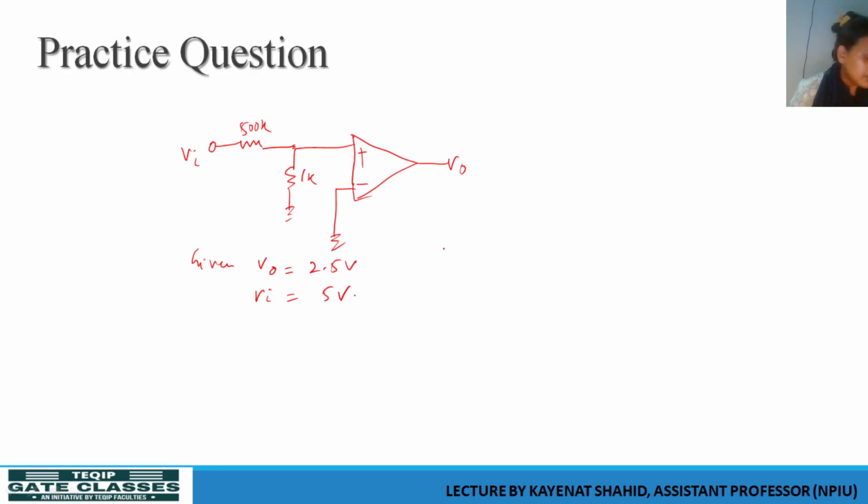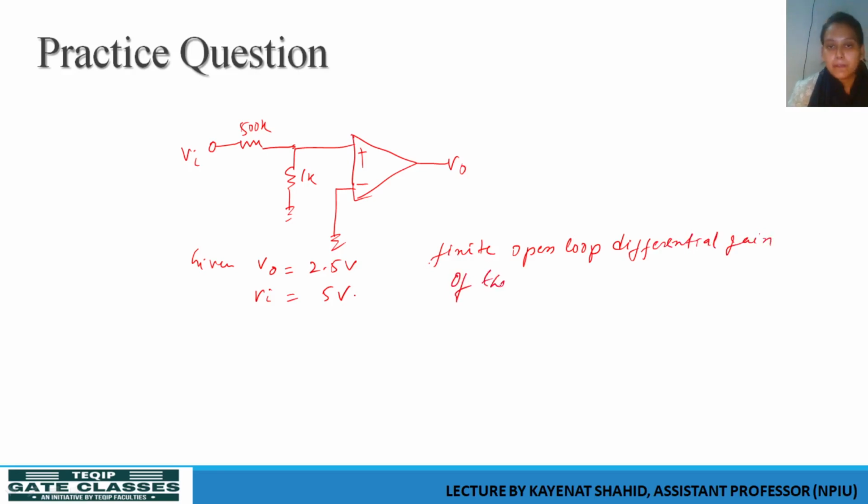We have to find out the finite open loop differential gain of the op-amp, which is nothing but A.